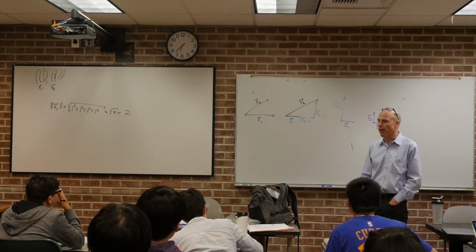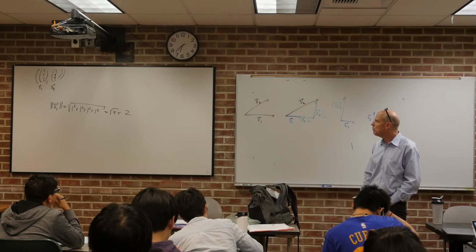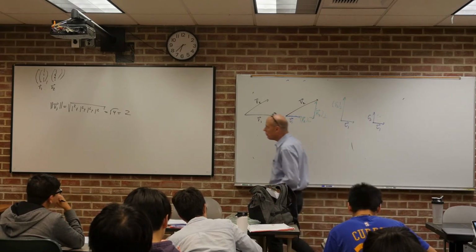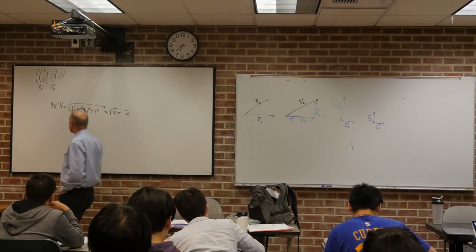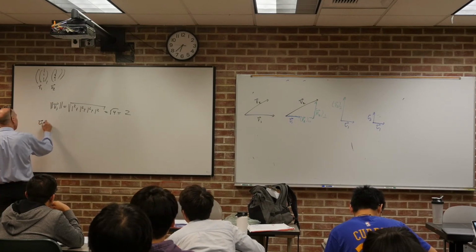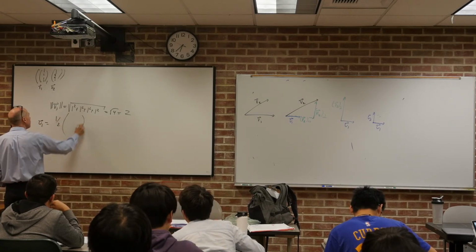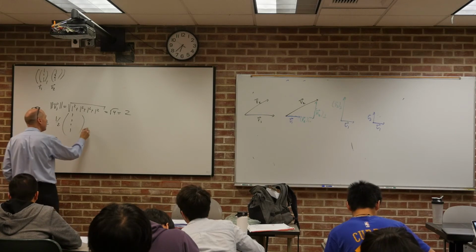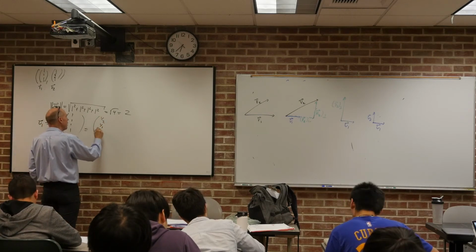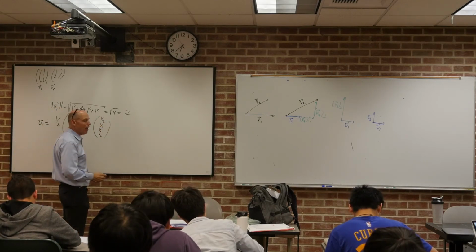I wish it was a unit vector, but it's not. It's too long. It's 2. So my U1 is going to be the scaled version of that, which is half, half, half, half.